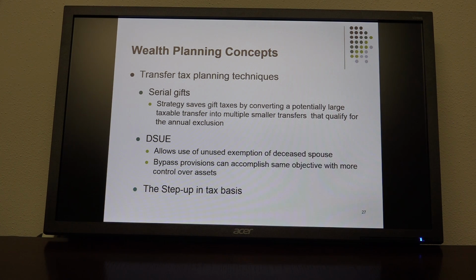And this trust would have provisions that allowed for the trustee to pay income from the corpus of the trust to the surviving spouse. And upon the surviving spouse's death, the corpus would transfer usually to children and grandchildren.